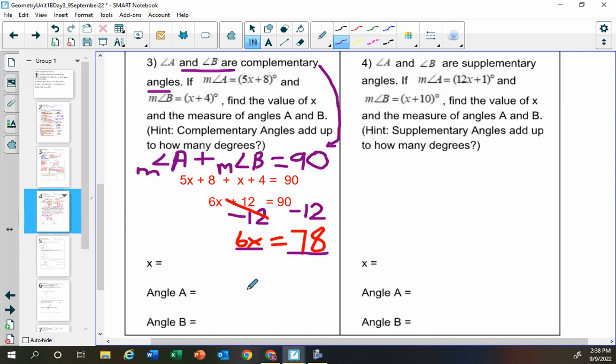And what are we gonna get for x? 13. Yes, good job. All right, so we have x is 13.